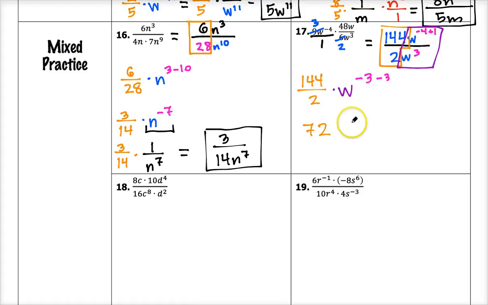So this becomes w to the negative 6th power. Negative exponents we want to rewrite as positives. So this is 1 over w to the 6th power. So for our final answer, we're going to take 72 over 1 times 1 over w to the 6th, and we'll get 72 over w to the 6th.